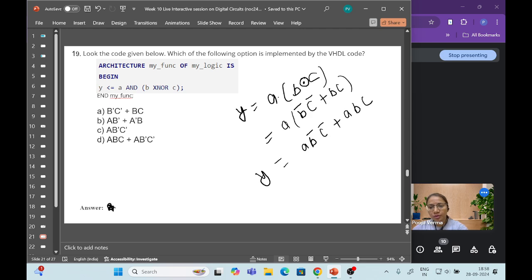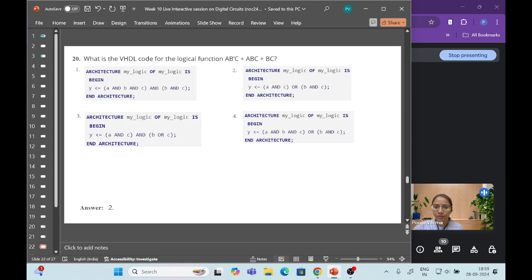That is option D, ABC. If we rewrite it, that is ABC plus A B dash C dash. So option D is the correct answer for this question. Now moving to the next question.